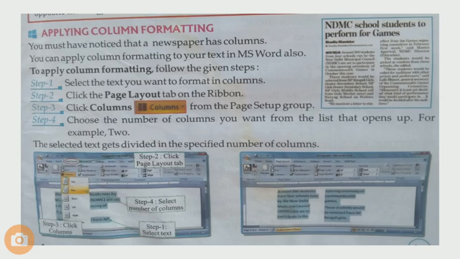So students, if we have typed a single paragraph and we want to divide it into 2 columns or 3 columns, then first we have to select it, then click on the Page Layout tab and then click on Columns. The list appears and then select the column type 1, 2, 3 or whatever you want.